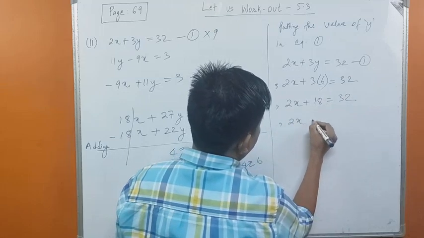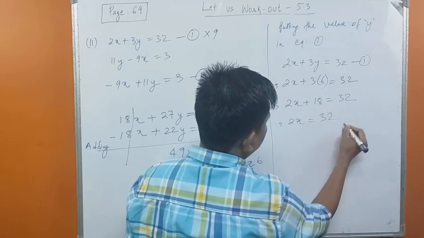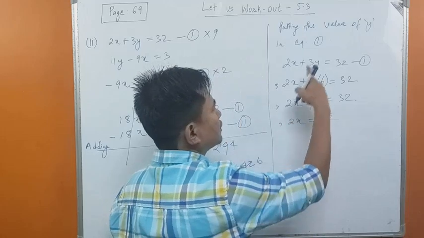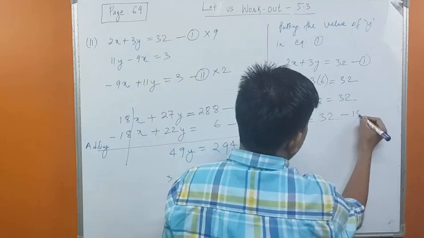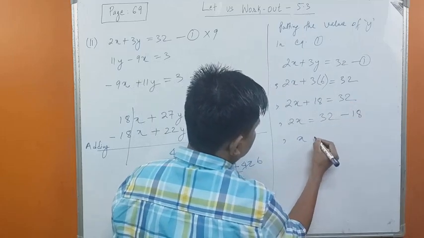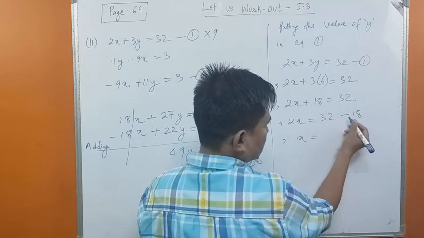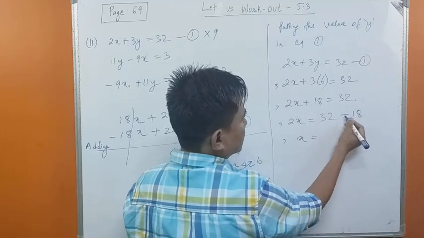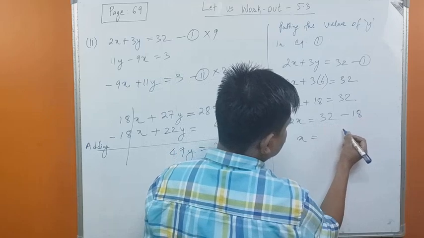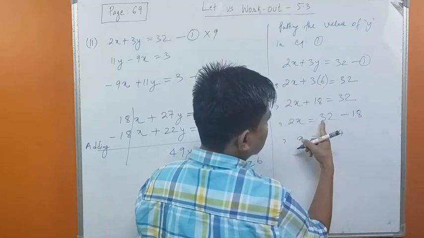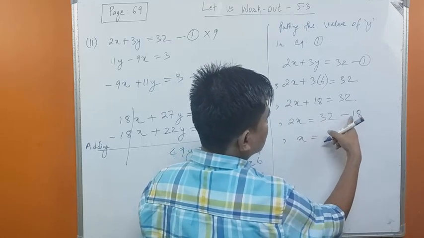Or 2x equals 32 on the right hand side. Now let me take this plus 18 to the right hand side, becomes minus 18, or x equals 32 minus 18, because 32 is positive, 18 is negative, isn't it? So 12 minus 8 is 4. This becomes 2. 2 minus 1 is 1.